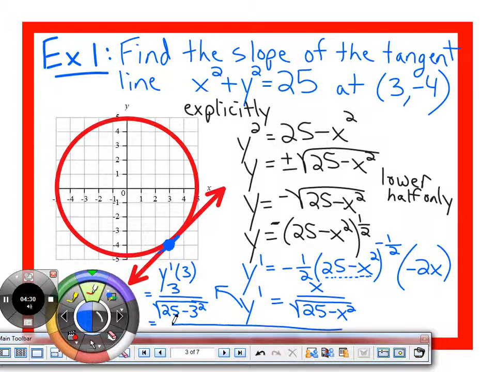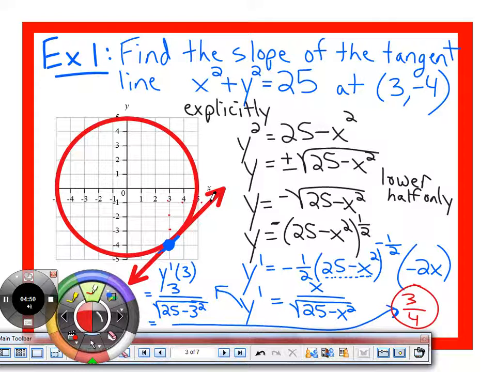My apologies, running out of space. My answer would be 3/4. That's the slope, and you can tell here that you would be going up 3 and over 4, and that would be the slope of that particular tangent line.